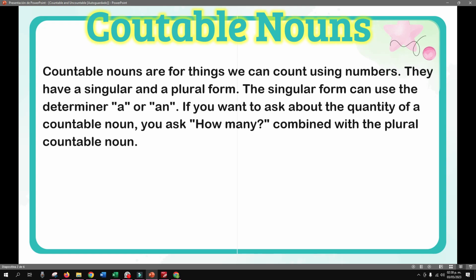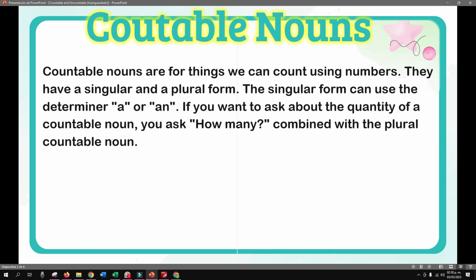Los nombres contables son todos aquellos que podemos contar con números, ¿verdad? Ellos pueden ser singulares y también tienen su forma plural. Cuando utilizamos los countable nouns en su forma singular, podemos utilizar los indefinite articles, ¿verdad?